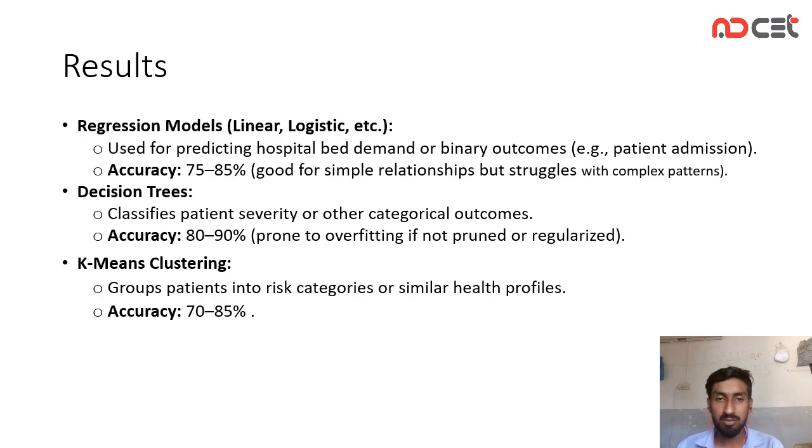This means it is good for simple relationships but struggles with complex patterns. Next is decision trees. They classify patient severity or other categorical outcomes. Its accuracy is 80% to 90%. And the last one is k-means clustering. It groups patients into risk categories or similar health profiles. Its accuracy is 70 to 85%.